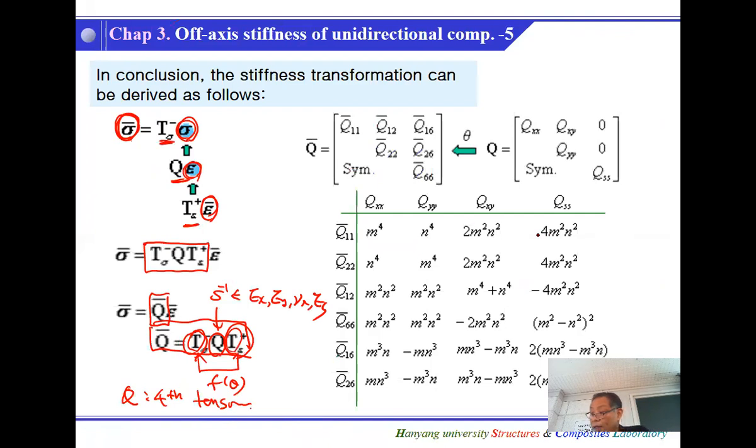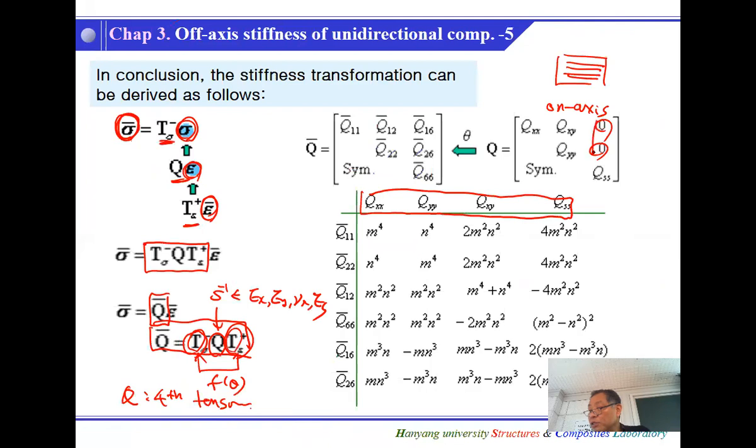Okay, so again, these are only 4 components because this is on axis, and here it is all 0. Why are they 0? Well, 0 means that we have on axis and there is no coupling between normal stress and shear strain.